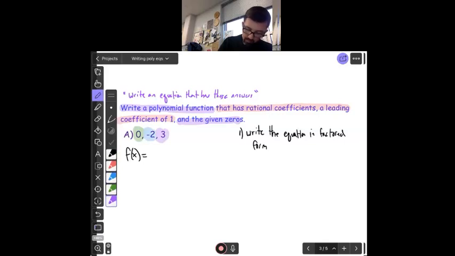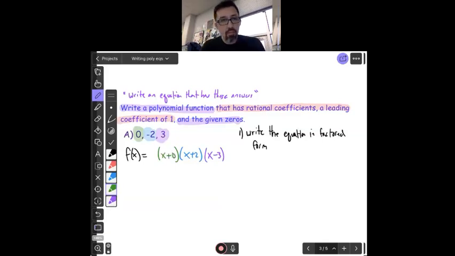It's actually a little bit easier if I start from the right side. So 3 would come from x minus 3. -2 would come from x plus 2. 0, well, I could say x minus 0, I could say x plus 0, there's no difference there. But why would we say x plus 0 or x minus 0?